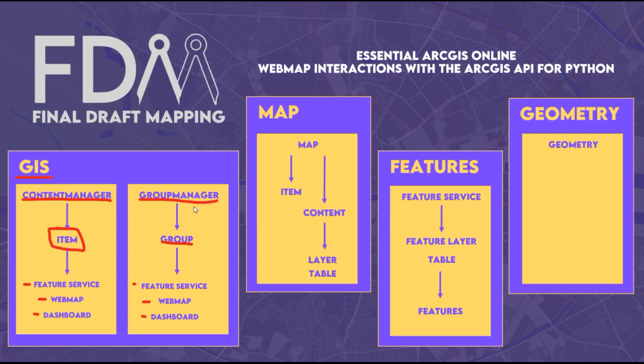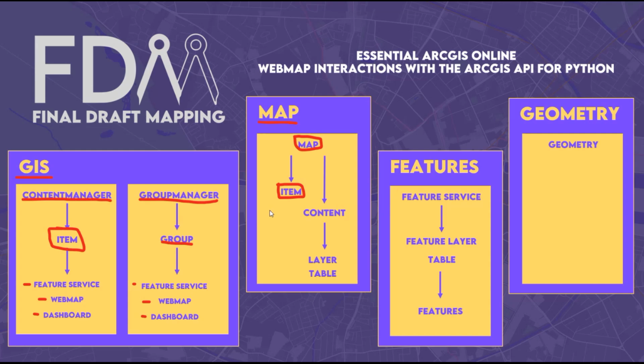As of ArcGIS API for Python 2.4.0, the web map class from the previous versions has been removed in favor of the map class. We're going to see that we can use the map class to create a map object, and from this map object we can save our web map as an item object.